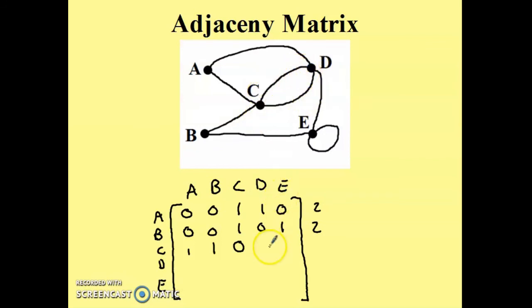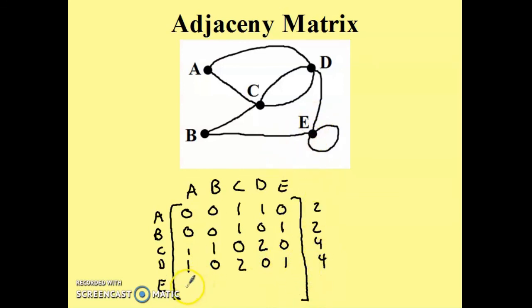It connects twice, so I'm going to put 2 there for the 2 edges, and then not to E. And then if I add 1, 2, 3, 4, that's a degree of 4. So D, same thing. Yes, it goes to A. Does not go to B. It does to C twice. Does not connect to itself. Yes to E. And again, that's 4.